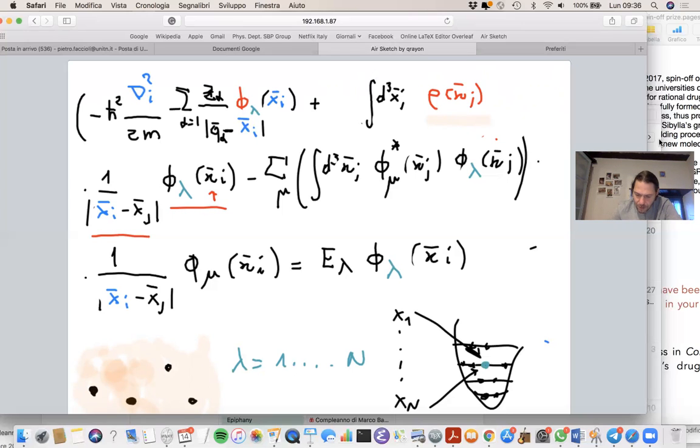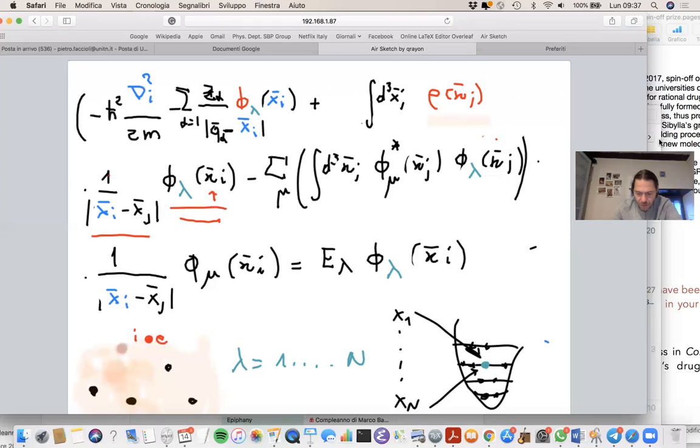And I'm computing the Coulomb interaction between this electron, which is the lambda electron, and this charge density. You see? This is the Coulomb interaction, because this is the Coulomb field, not with a point charge.